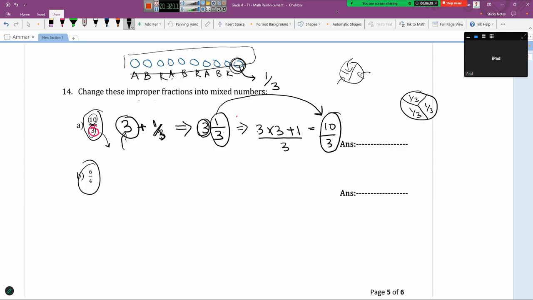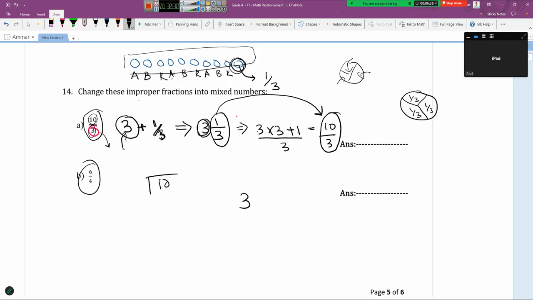10 divided by 3 means, now you see how many 3's do we have in 10? 3, right? So you should first write that down, the integers that we have in the numerator.